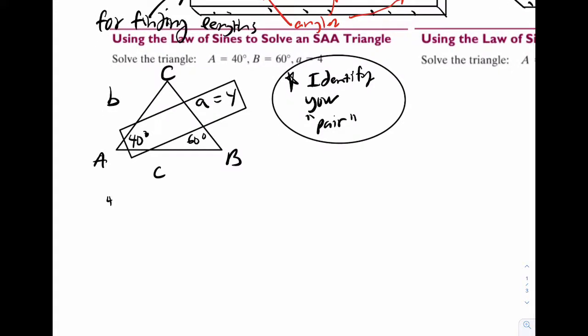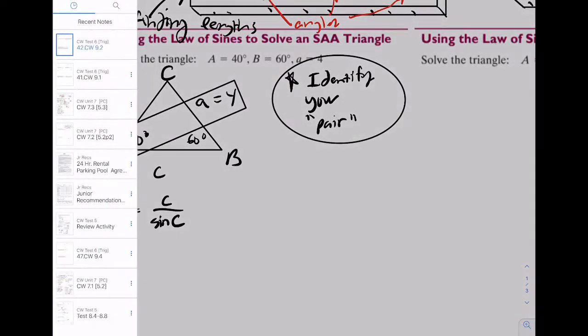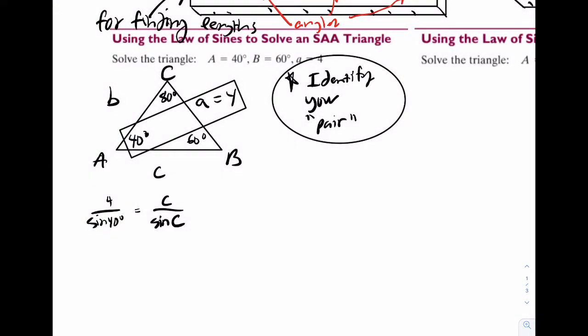That's going to be our initial. We're going to write 4 over sine 40, and this is going to be equal to, just pick a letter you want to find. Let's say you want to find c. c over sine C. Now you might be thinking, how do I find that, because there are two variables? Well, look at your triangle. You can find C easily. This has to be 80 degrees, because in a triangle, it always adds to 180.